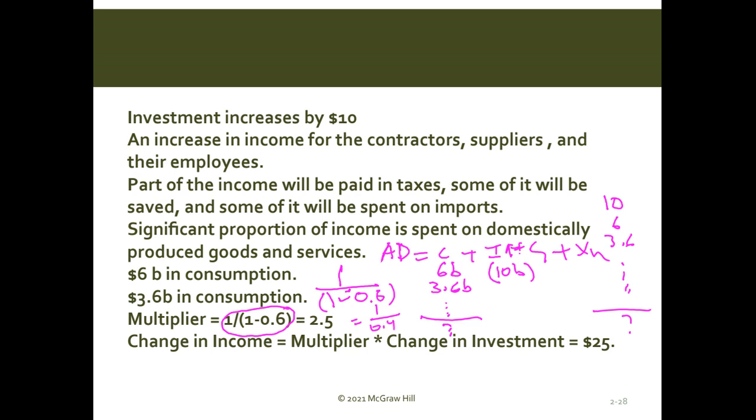So if you increase investment by $10 billion, then aggregate demand will increase by how much? By this multiplier times the initial increase in investment, that is 2.5 times 10. This is equal to $25 billion. This is what is shown here.